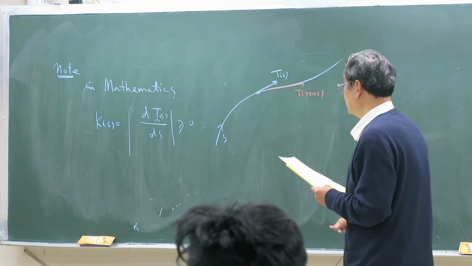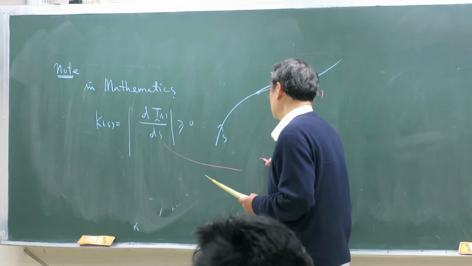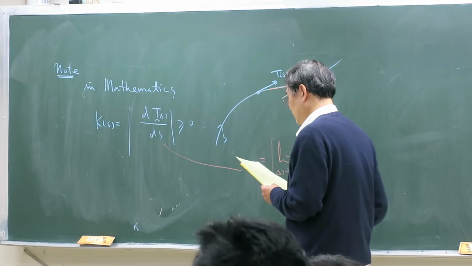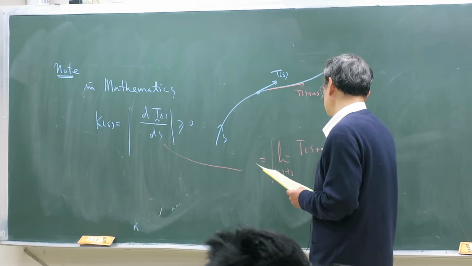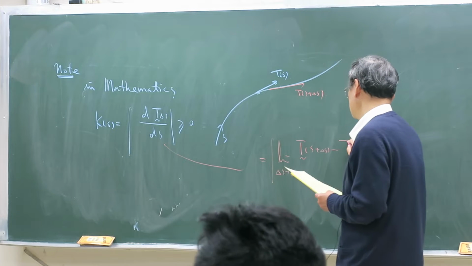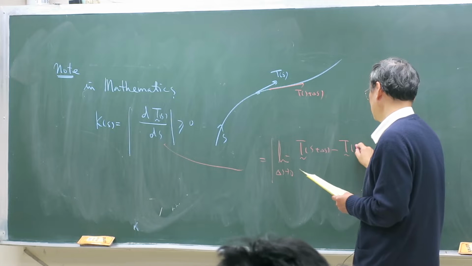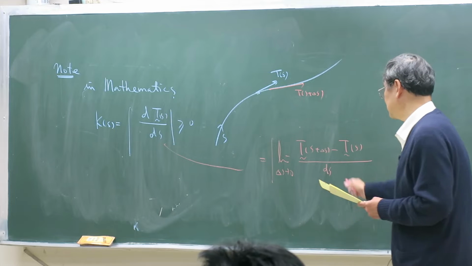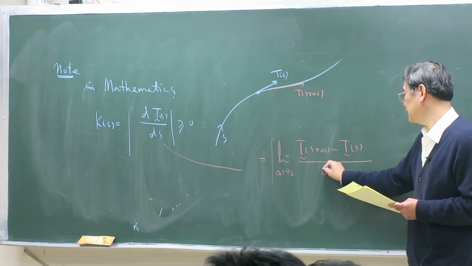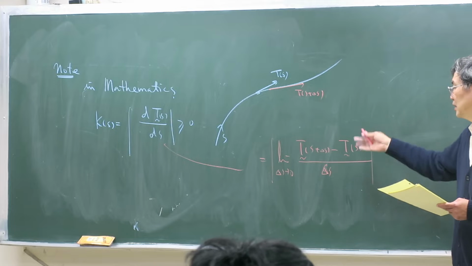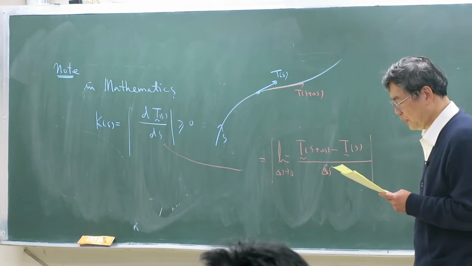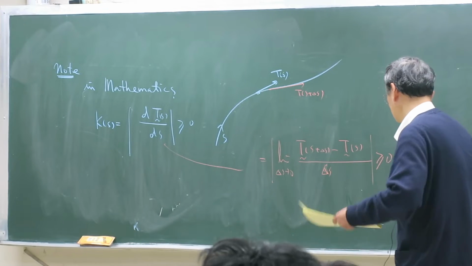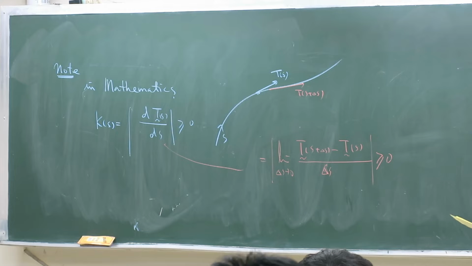So this will be the limit as delta s approaches 0 of the change in the tangent vector divided by delta s, that is dt/ds. As delta s approaches 0, that's the definition of curvature. This is larger than or equal to 0, so you don't have negative curvature.